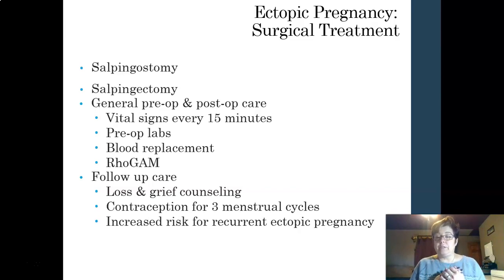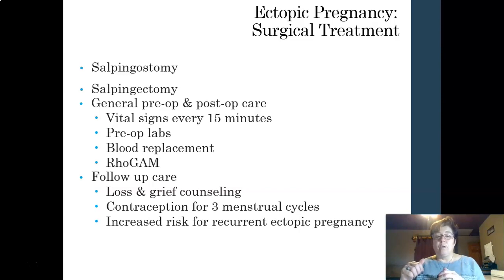The reason why some physicians will not do the salpingostomy is because by cutting open the tube, stitching the tube back closed, you then are creating a situation where scar tissue can develop, and then she is at a higher risk for an ectopic pregnancy in that fallopian tube later on if she becomes pregnant on that side. If a salpingectomy is done, they actually remove the fallopian tube on that side, so there is no connection now from the ovary on that side to the uterus.